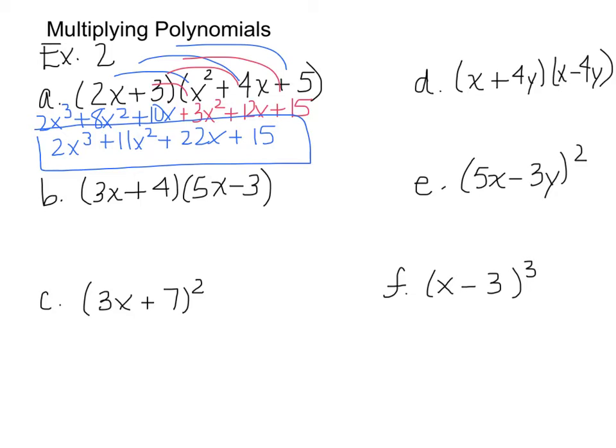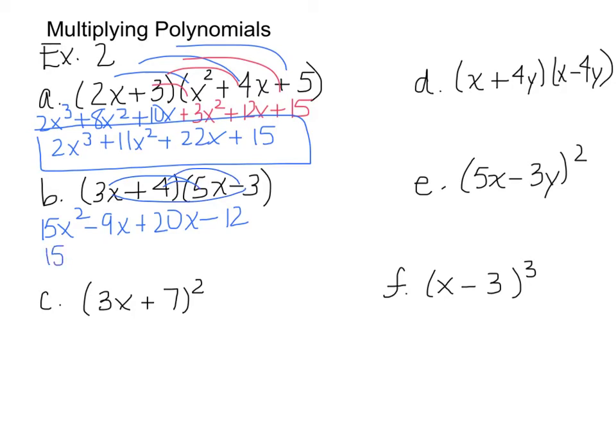And then example B, you just FOIL like you learned in Algebra 1 and Algebra 2. First, outer, inner, and last. So this was first, outer, inner, and last. Then you combine the two middle terms, or whatever terms you can combine. And then you're done.